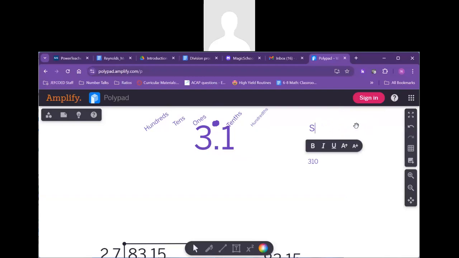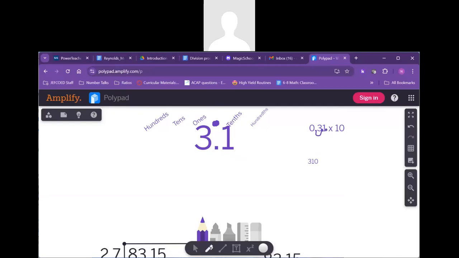For example, we had point 31, and we wanted to multiply that by 10, so we can just move the decimal point. If you move the decimal point to the right, it gives the illusion that you moved the number to the left.